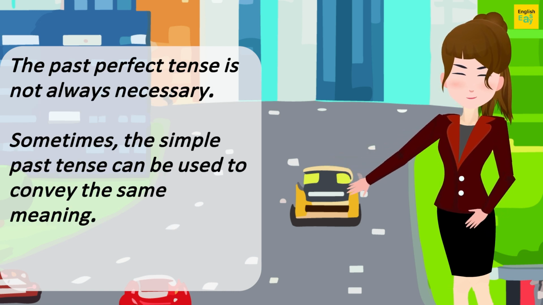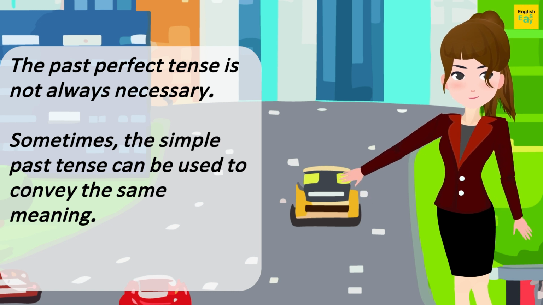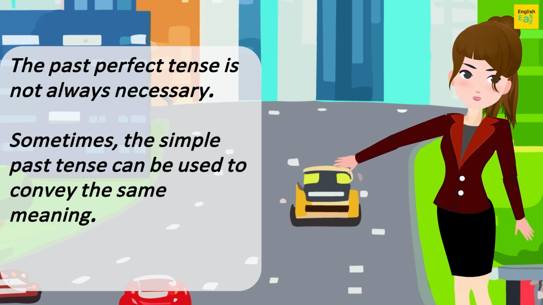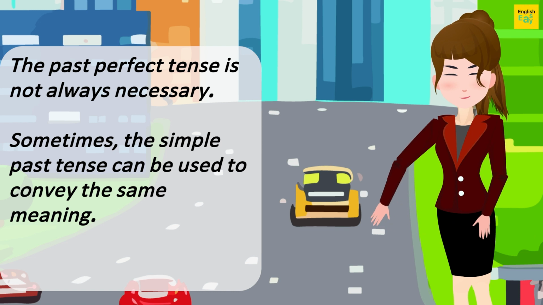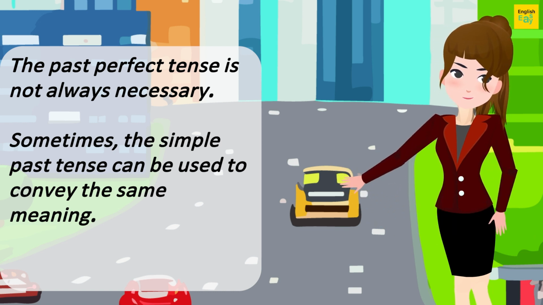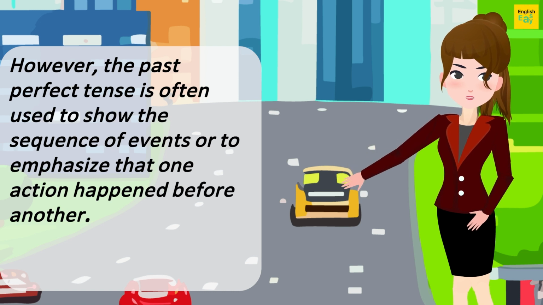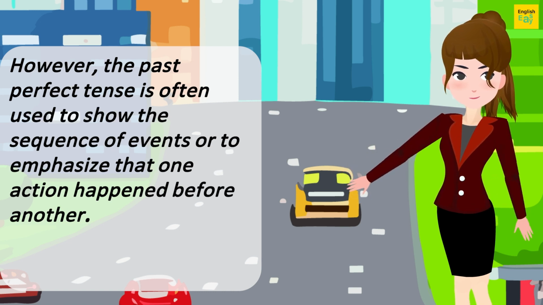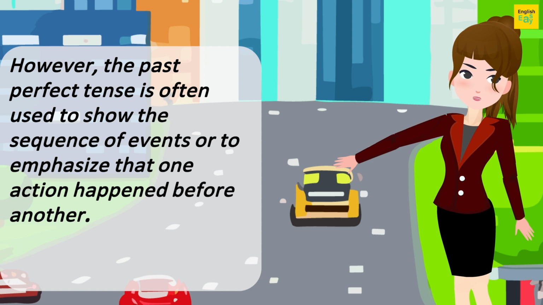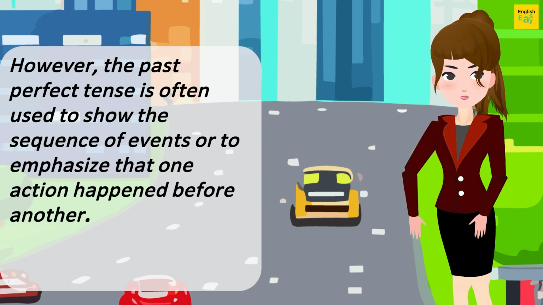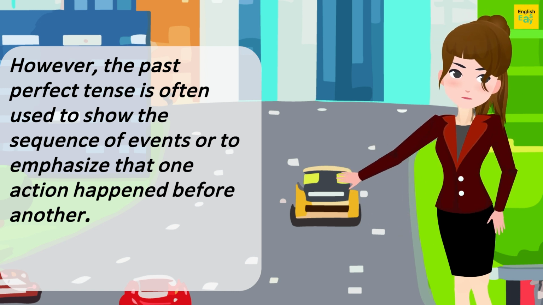The past perfect tense is not always necessary. Sometimes, the simple past tense can be used to convey the same meaning. However, the past perfect tense is often used to show the sequence of events or to emphasize that one action happened before another.